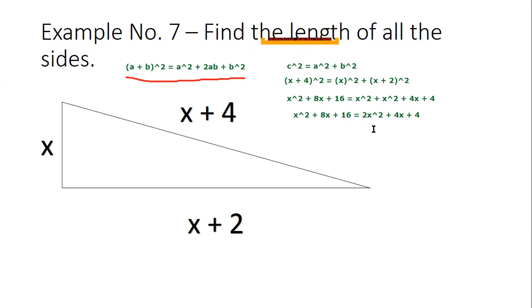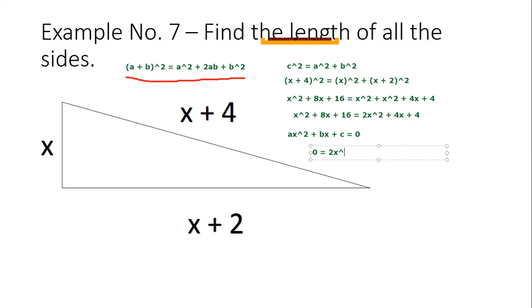Our general equation for a quadratic equation should be ax squared plus bx plus c equal to 0. However, in this case, to make this equation look like that, we're going to transpose all the terms to the other side of the equation. We put 0 on the left side by the commutative property of equality.